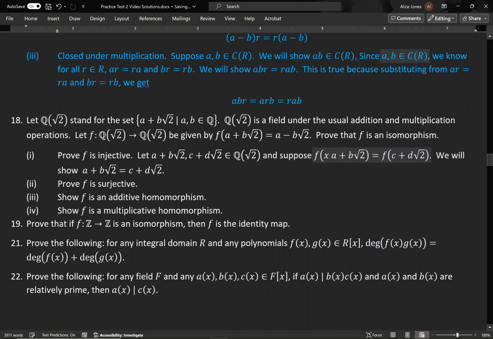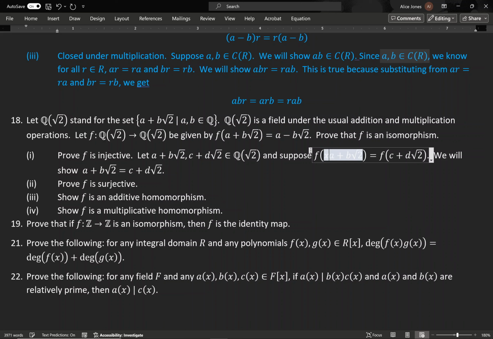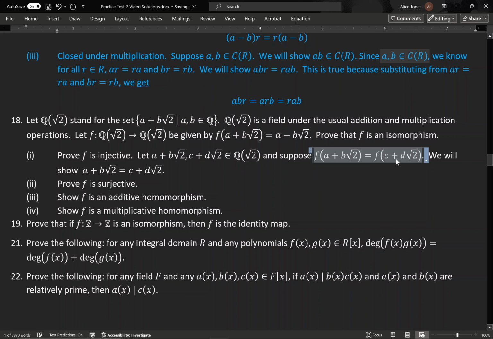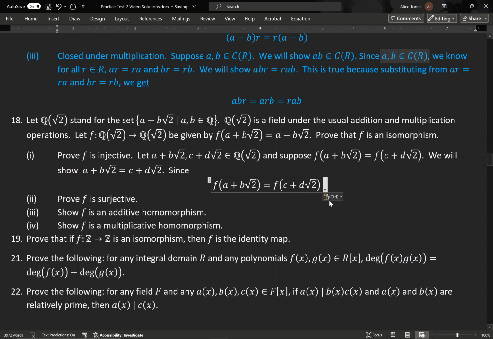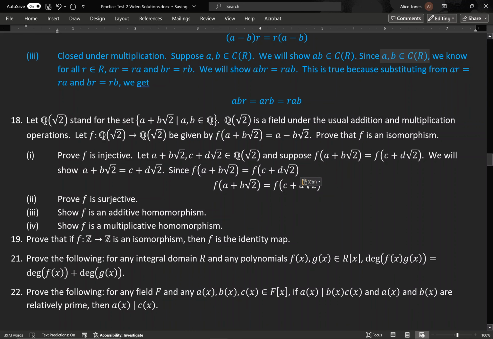And we just need to leverage this assumption right here. Okay, so we're going to use that. So since we have that, we're going to go ahead and use the formula.